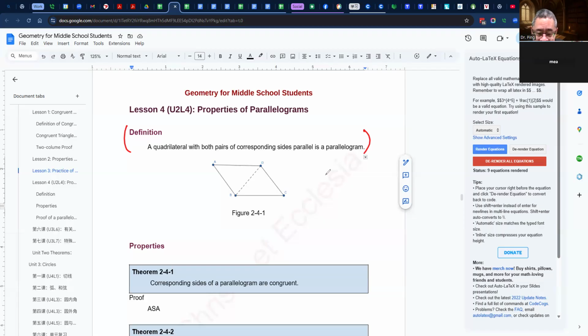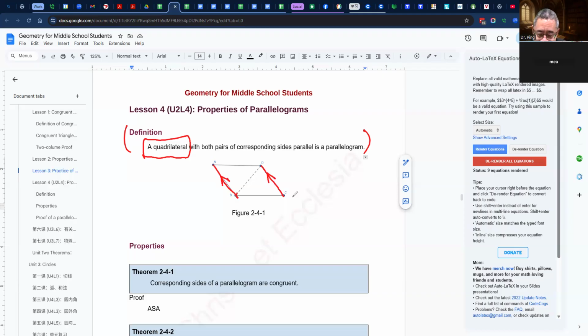So in this case, we have to define a parallelogram. The definition for that is this. First of all, it has to be a quadrilateral, which has four sides. Second, both pairs of corresponding sides are parallel. That means this side is parallel to this side.